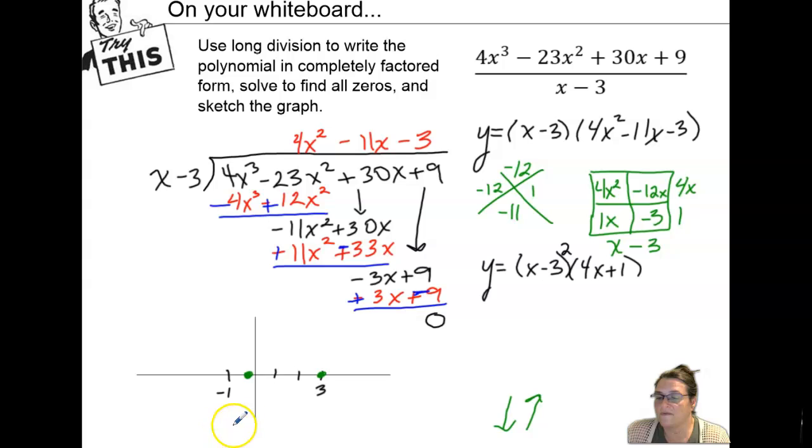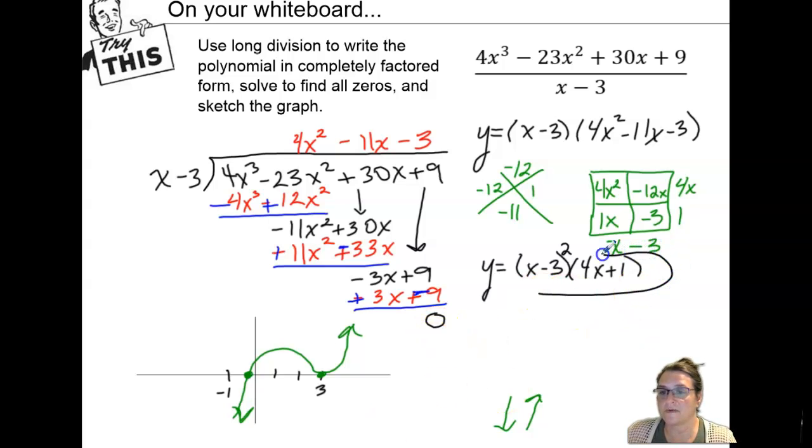So if it has to start down and cross through negative 1/4, because that's a linear factor, then bounce at positive 3, because that's an even multiplicity, and end up, then my curve is going to look something like this. And that would be my graph. So the completely factored form is x minus 3 quantity squared times the quantity 4x plus 1.